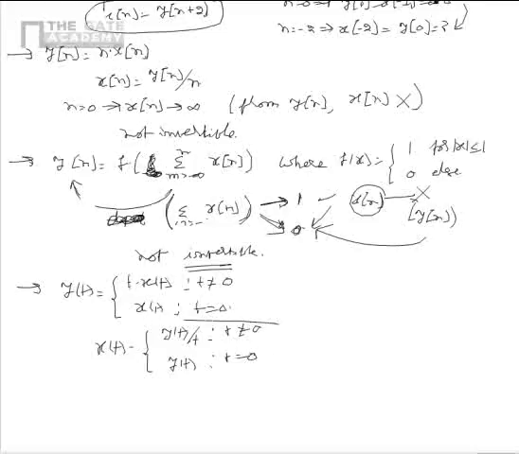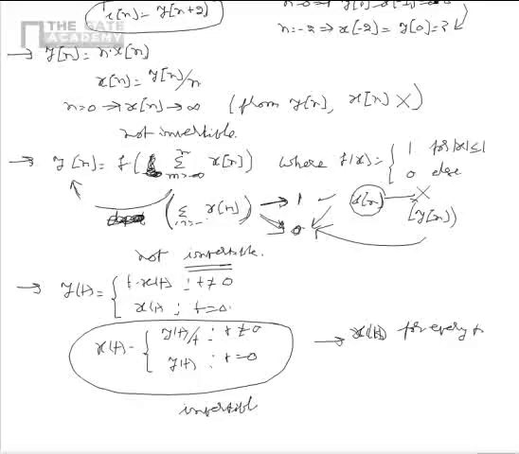From this, we see that from the obtained y of t, we can get x of t back for every t. So we see that the given system is invertible and the inverse system is as marked.